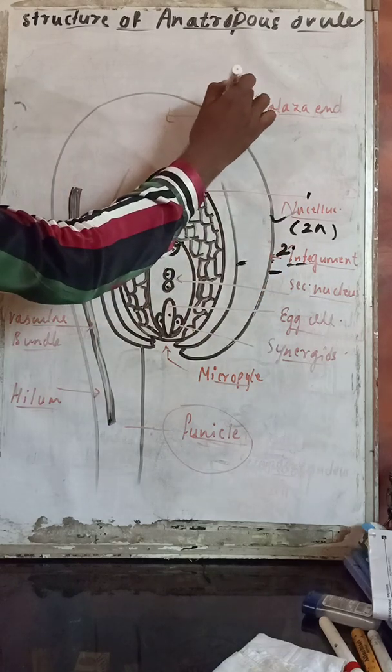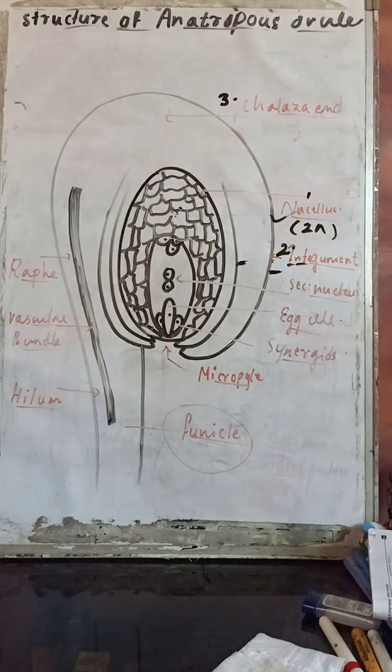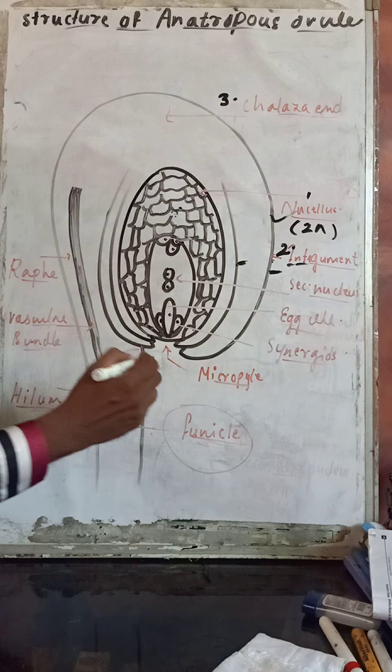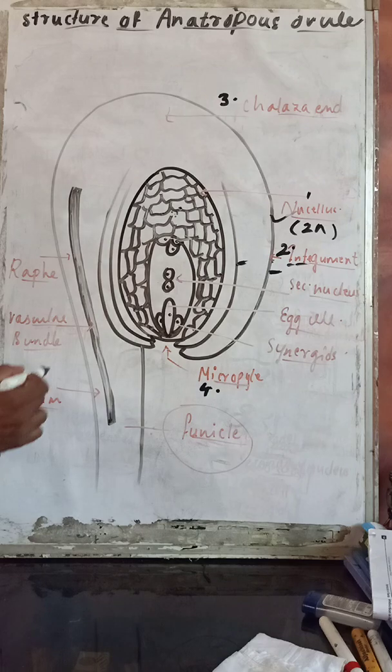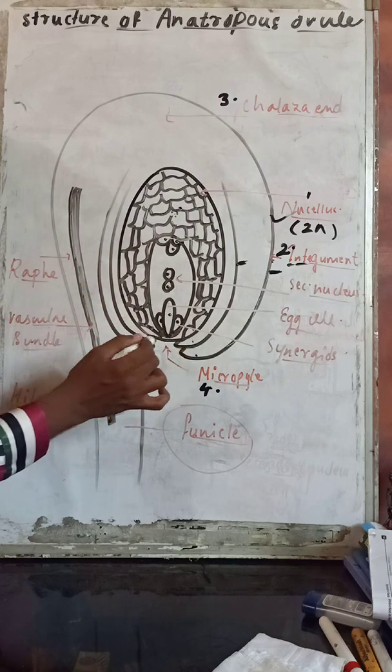The third part is the chalazal end or chalaza. The chalazal end is the basal end of the ovule, and it plays an important role in the formation of the integuments, which are the protective covering seen around the nucellus. The fourth one is the micropyle.